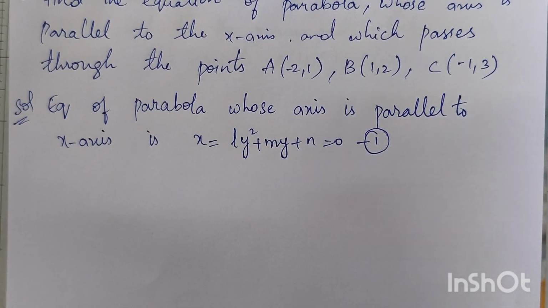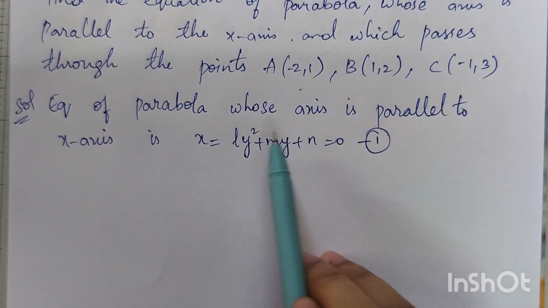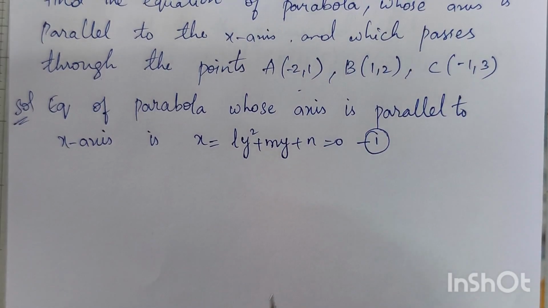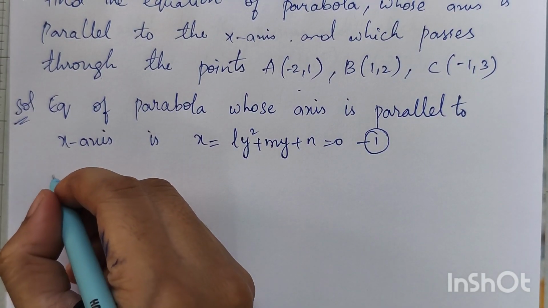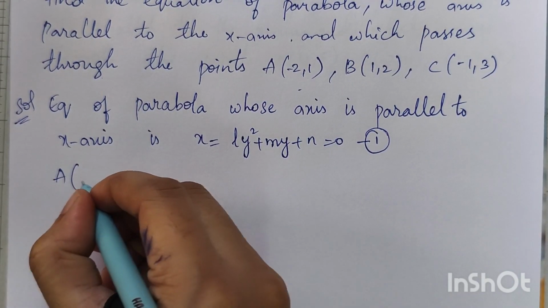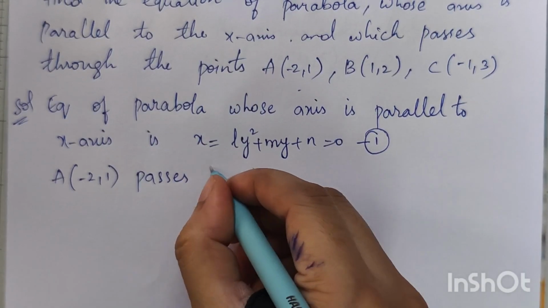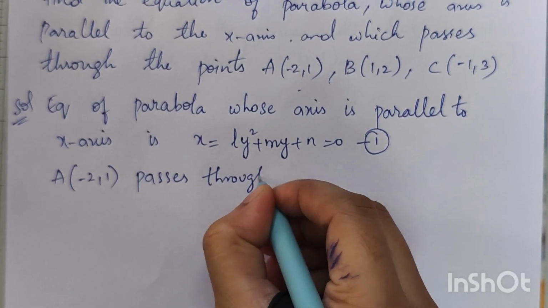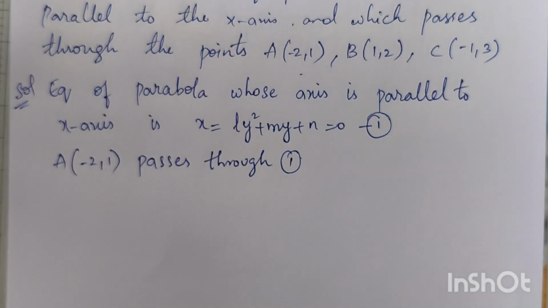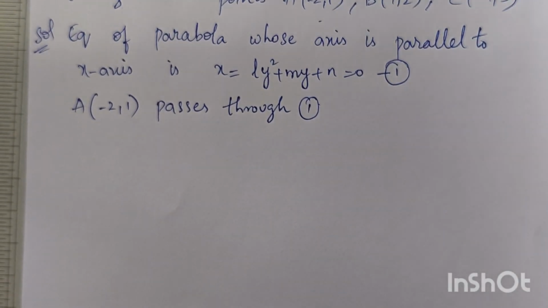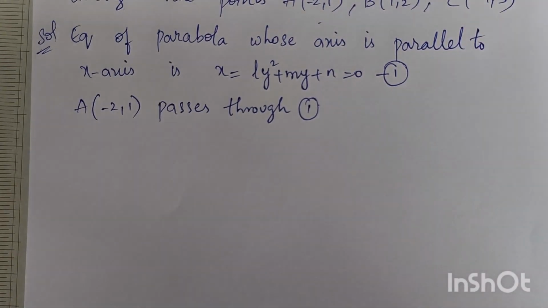Now all the 3 points A, B and C pass through this parabola. So A(-2, 1) passes through equation 1. Substitute in equation 1, we'll get the value.